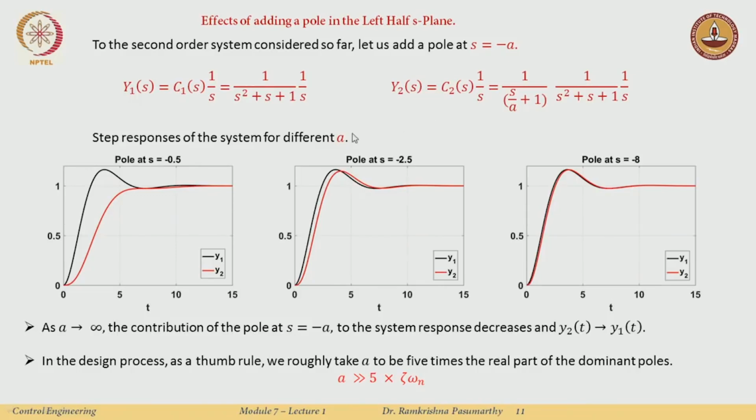So whenever in a design process we have to add a pole such that it does not have too much effect on the transient response, we take it to be five times the real part of the dominant pole, as in the middle case when we have a pole at s equal to minus 2.5. We will keep this in mind when we explicitly talk about design problems, while improving the transient performance or the steady state performance and so on.